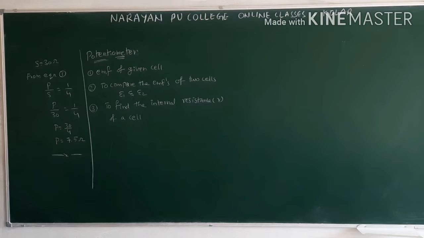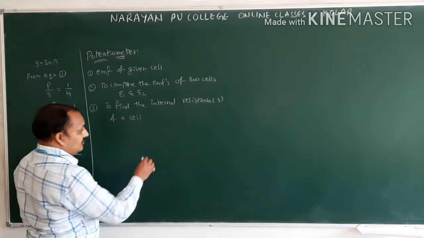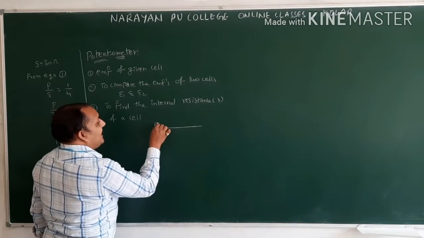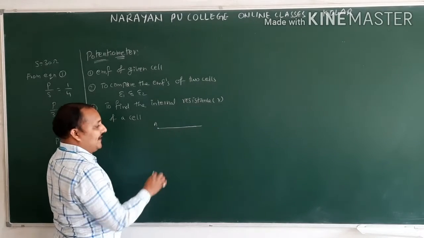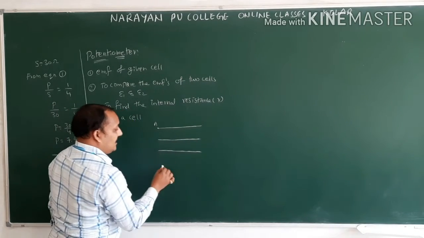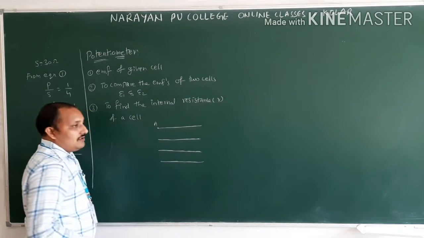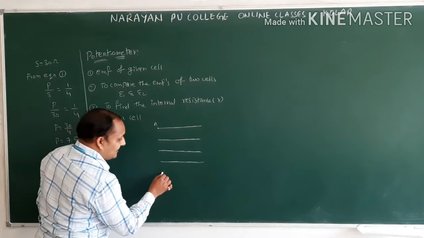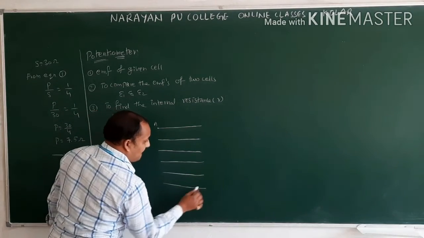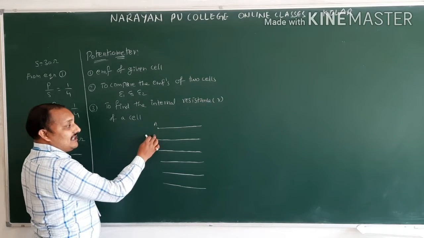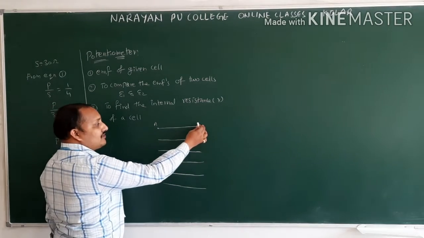The meter bridge we saw; similarly, we are going to do the potentiometer. Now I am drawing here. This is one point A, one wire. Below this, another wire. 3, 4. In our potentiometer they have shown 4 wires, but I am drawing here 6 wires. Now these two we have to connect, otherwise the current will come up to here and stop.